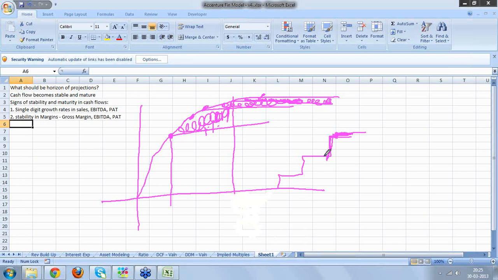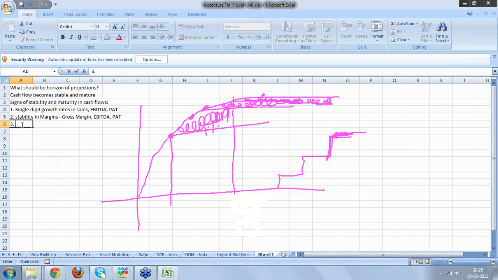If you apply a terminal growth rate here, then the benefit of economies of scale will not accrue to the company. So when you model the fixed cost, ensure that the company has moved to a very stable phase. So that's the second point, that you can figure out whether your cash flows become stable or not.